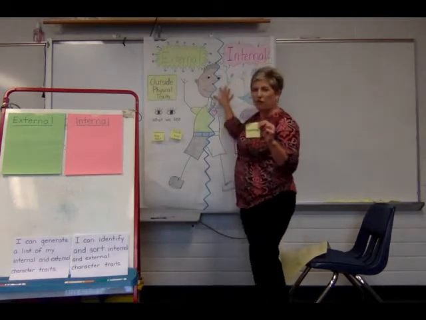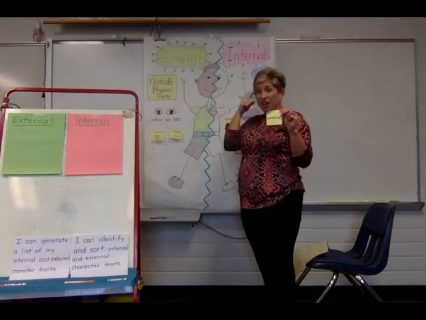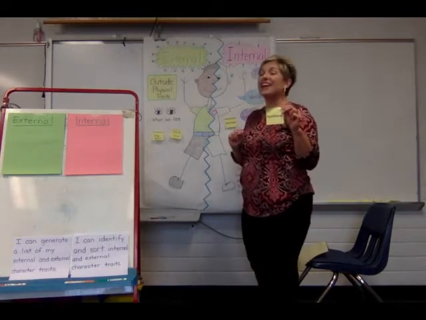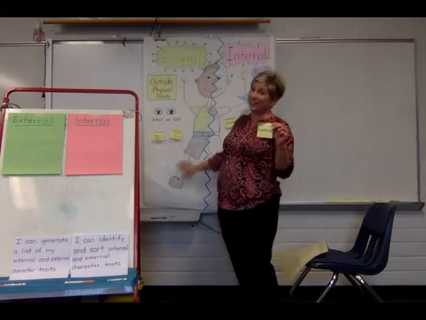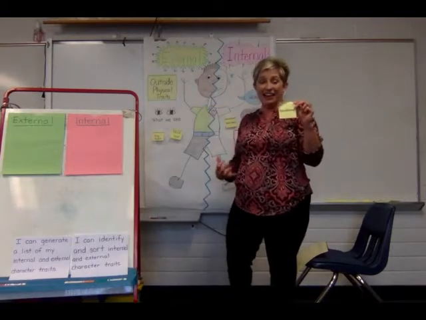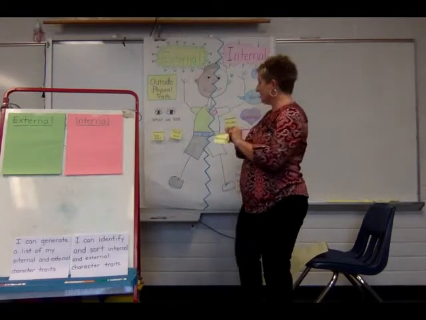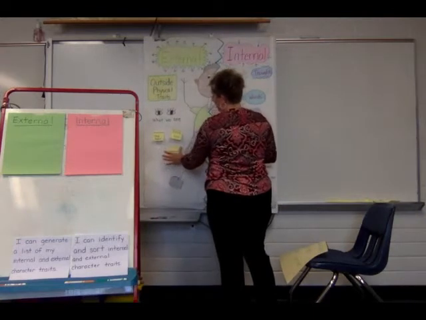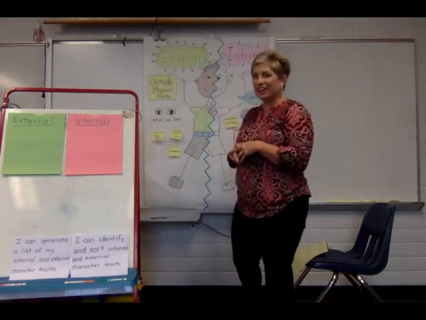Or is that a feeling or something that someone would think? That's right. If someone is handsome, we're going to be able to see it on the outside. So we're going to put the word handsome under the external character traits. Good job.